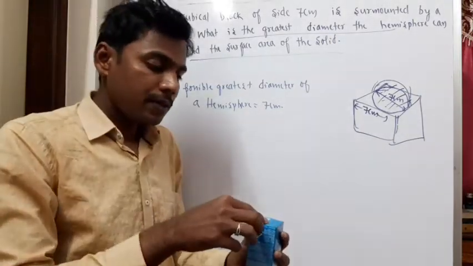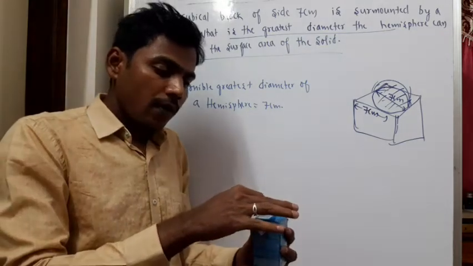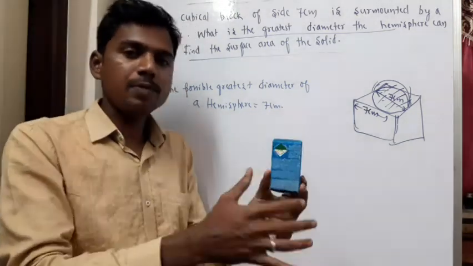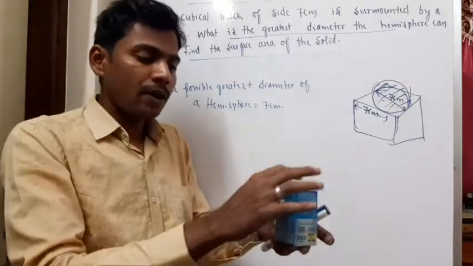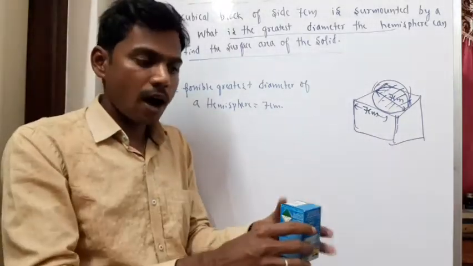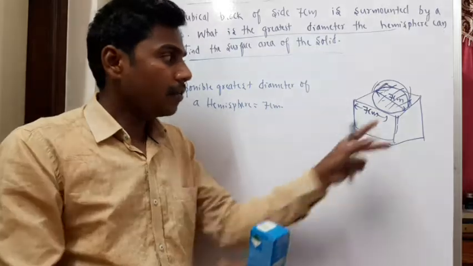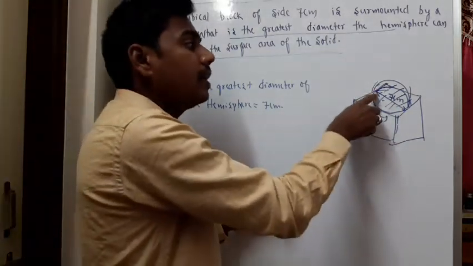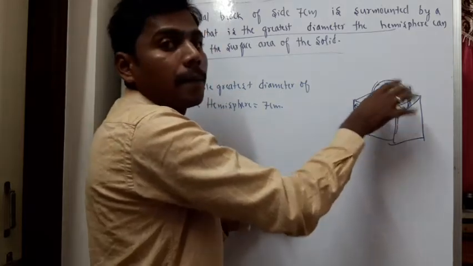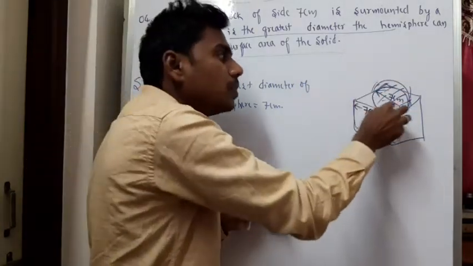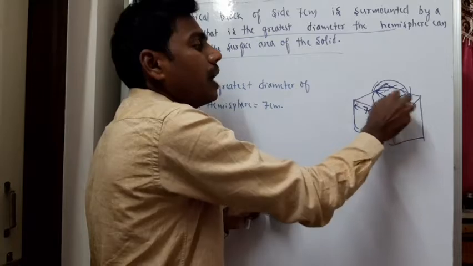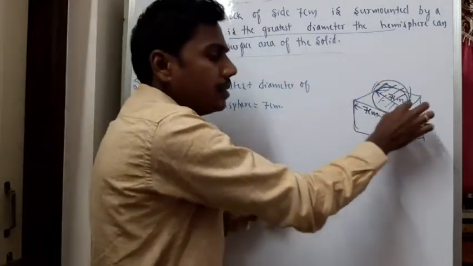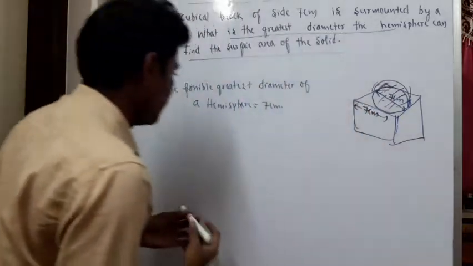If I am finding the area of this cube, I am going to find all the face areas. But while doing so, I am covering the area of this, and that is not required. I need to remove this, because it is surmounted. I am finding the curved surface area of this particular region. So I don't want this. So for that, what we need to do, see.